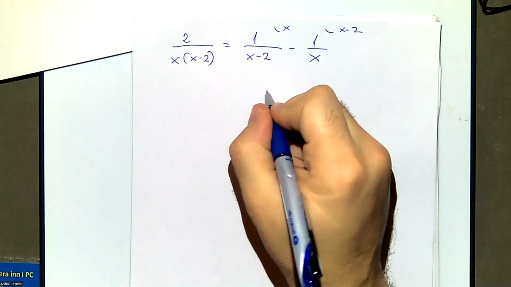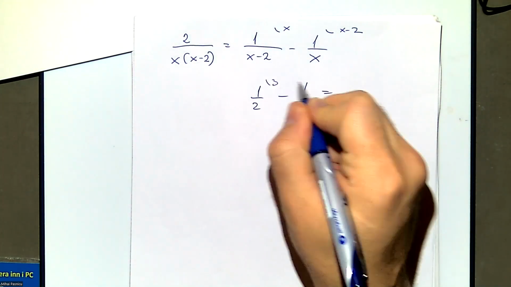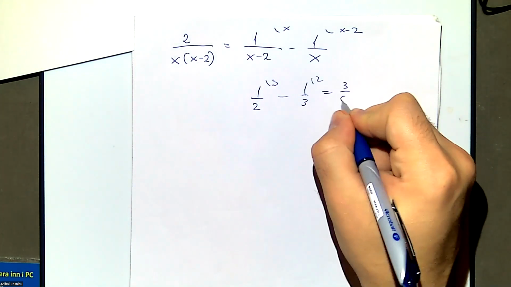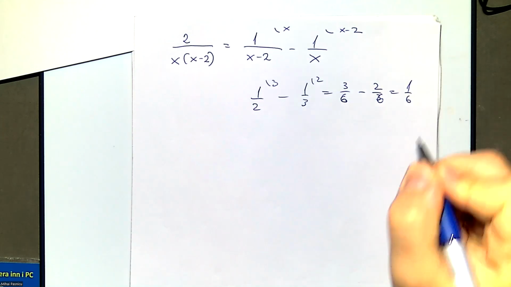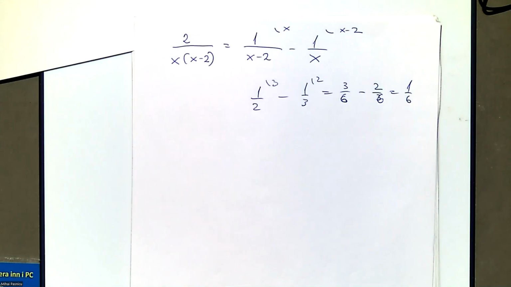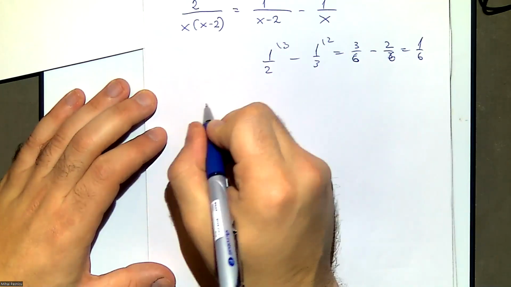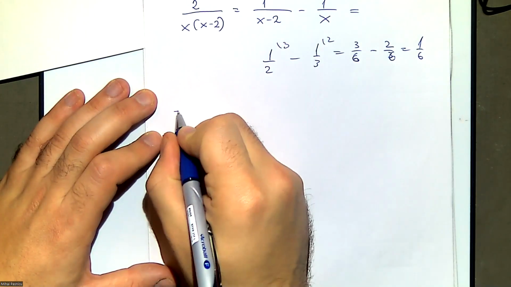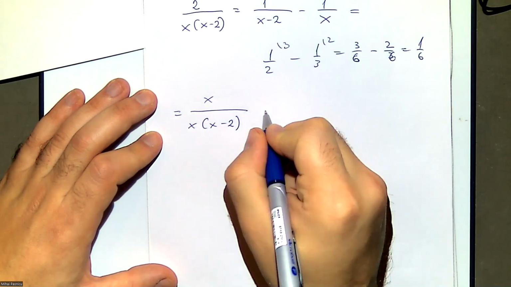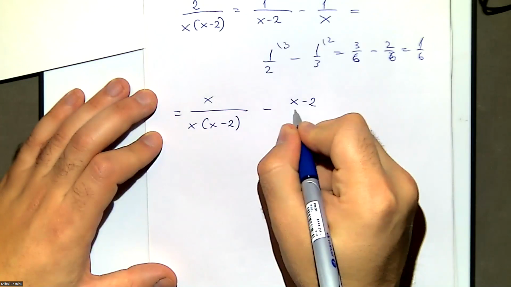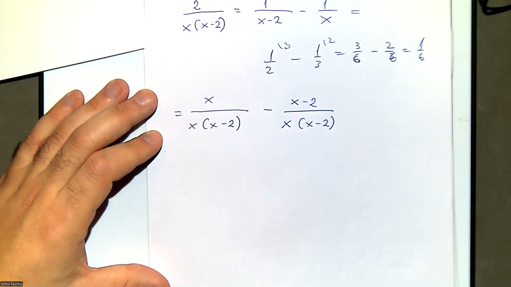Like if you have 1 over 2 minus 1 over 3, you just do this times 3, this times 2, so you get 3 over 6 minus 2 over 6, that's 1 over 6, right? We're basically going to do the same exact thing up top. So from here, I'm going to have x times x minus 2 minus x minus 2 over x times x minus 2.